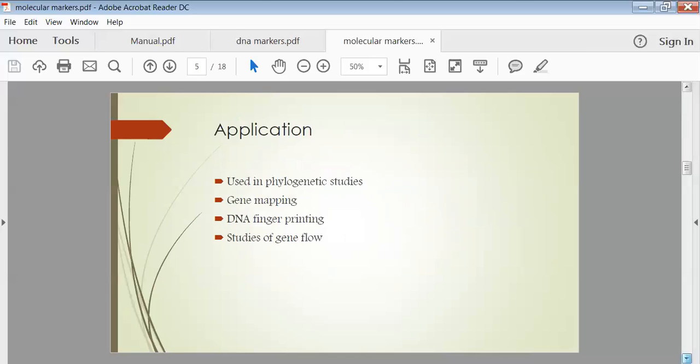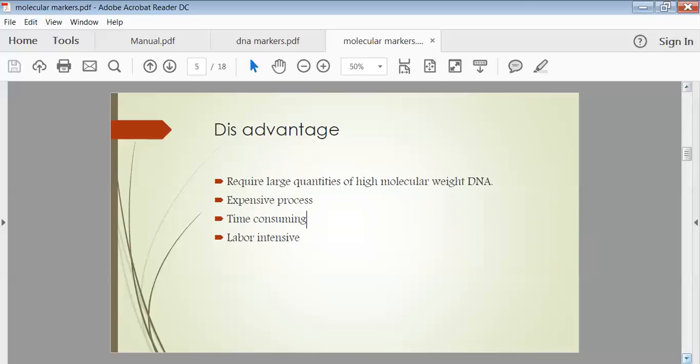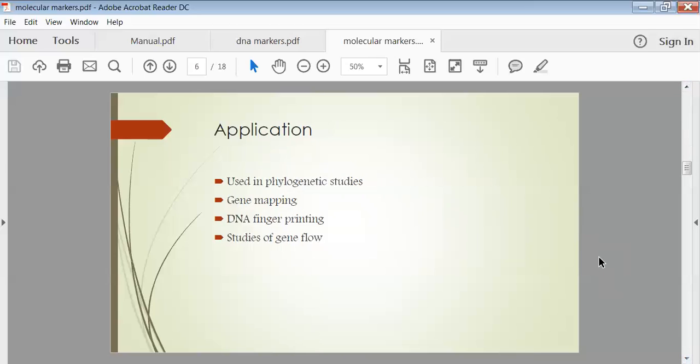Next is the application. Applications are phylogenetic studies and gene mapping. Phylogenetic studies mean genetic diversity studies in a population: how a plant species or an animal species evolved comes under phylogenetic study. Gene mapping is also important. Suppose you are working on the genome, meaning you are reading all the nucleotide sequences of the whole genome.